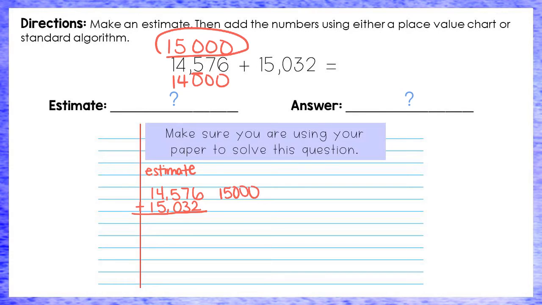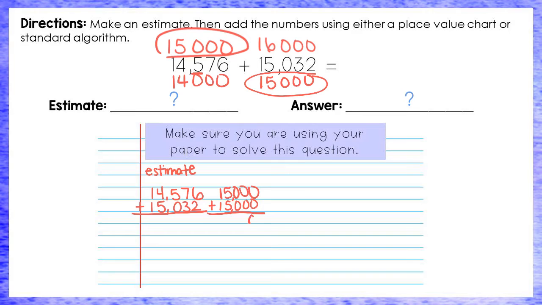Right? And then 15,032, is it closer to 15,000 or 16,000? Well, we can see here it's only 32 away from 15,000. So I'm adding 15,000 plus 15,000.